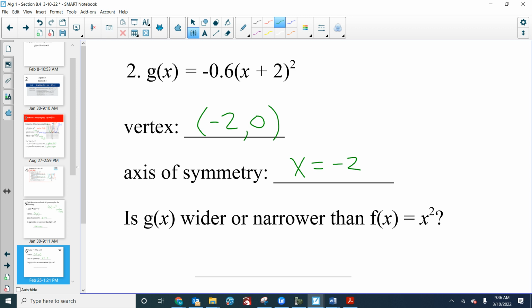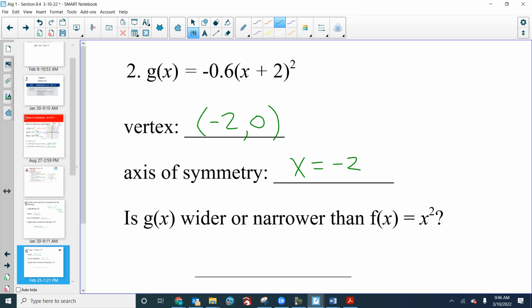All right, now. Bailey, what number's in front of the parenthesis? Go ahead. -0.6. Okay, is it going to be a narrower or wider graph? It's going to be wider.